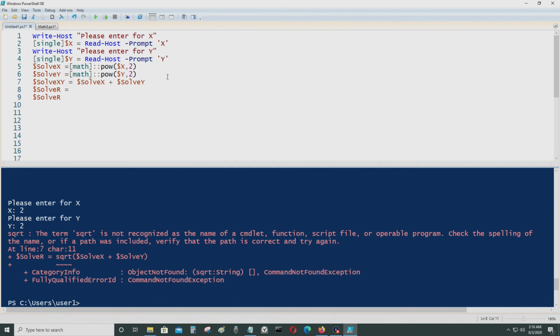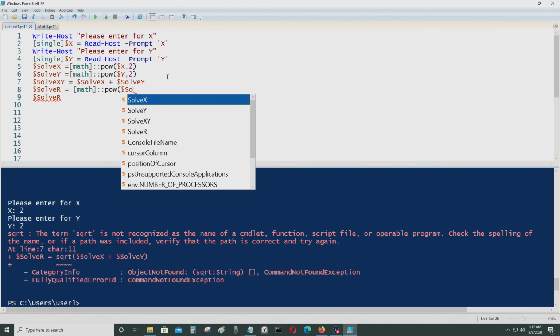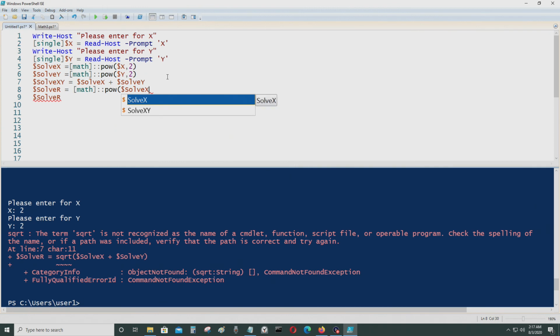And we'll do math here. So the power of solve xy. And we're going to put 1/2 here and solve for that. See if that works.